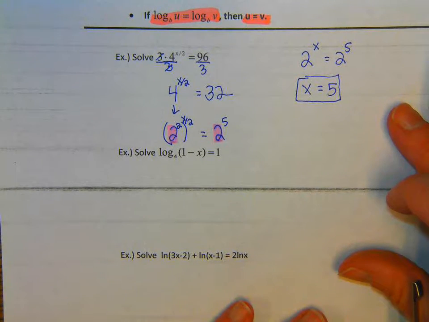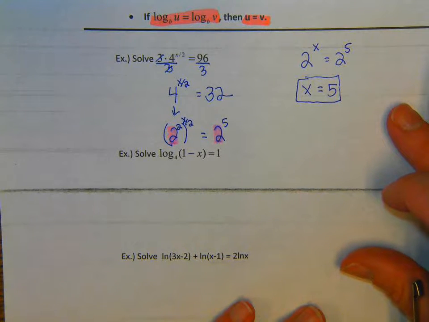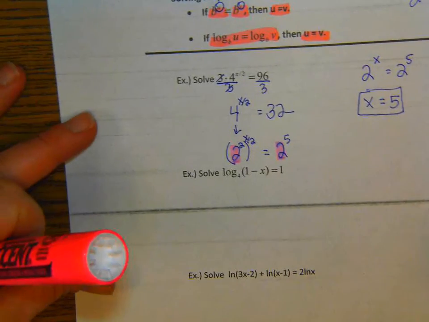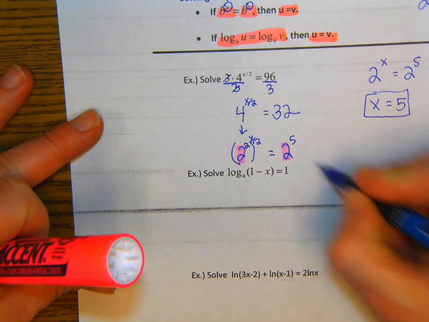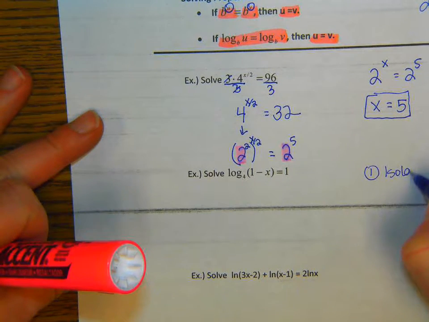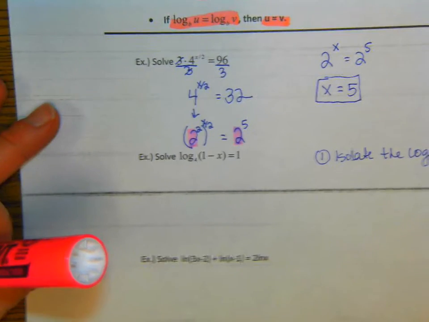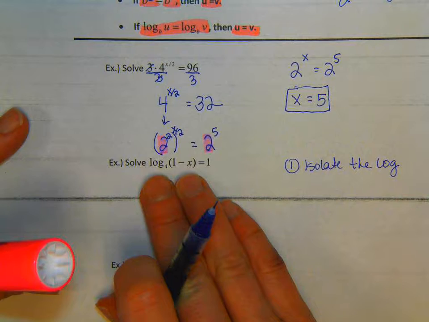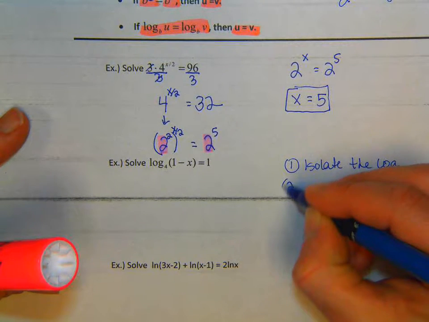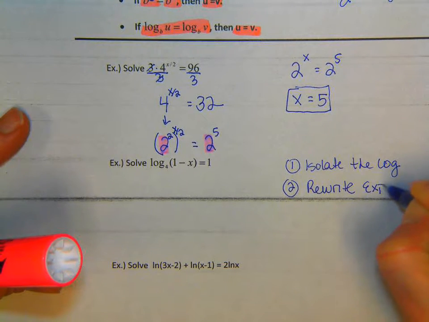Let's take a look at this example. As long as we have one logarithm expression, our steps to do this kind of problem are, first, we're going to isolate the log. And once we isolate the log, we've already done that, we're going to rewrite the log in its exponential form.